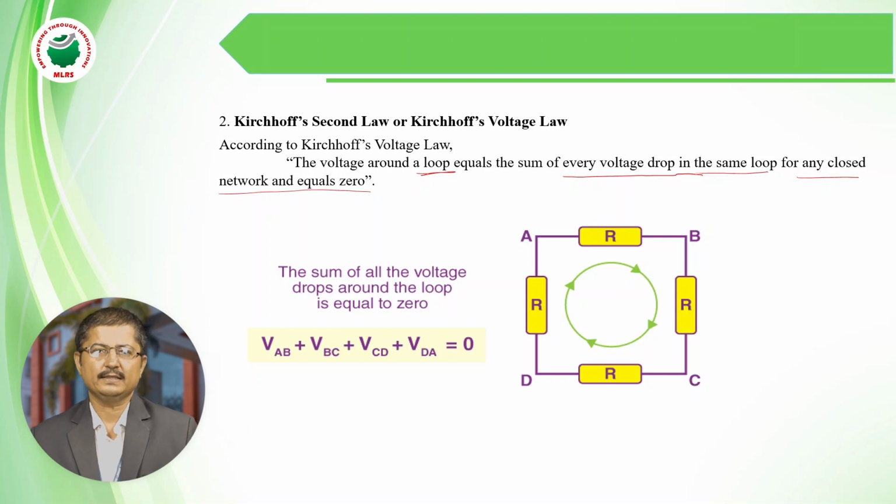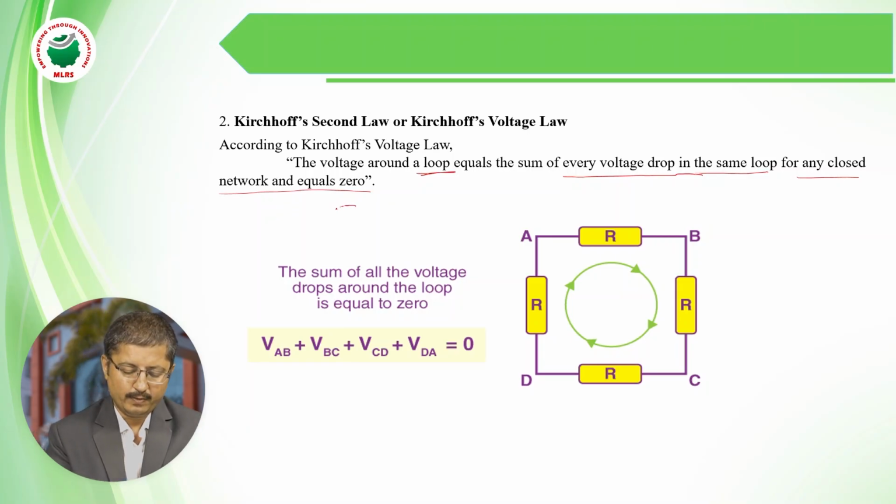Or simply, the algebraic sum of voltages and voltage drops in a closed loop is equal to 0.